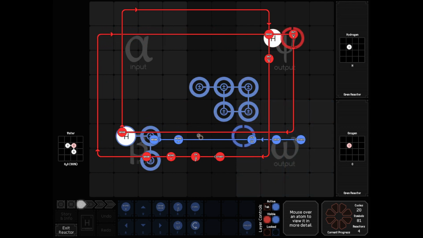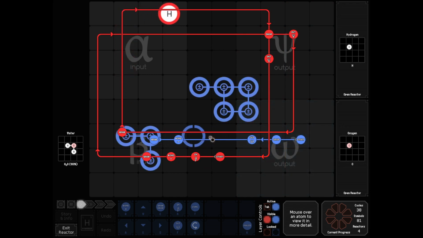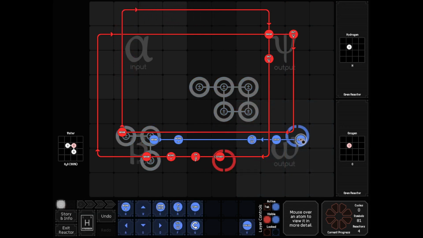But then there's a potential issue with this lining up. I think ultimately what I just want to do is just put sinks on both of these. There's no reason to have the blue going back and forth like this. Yeah, this is so many potential problems.